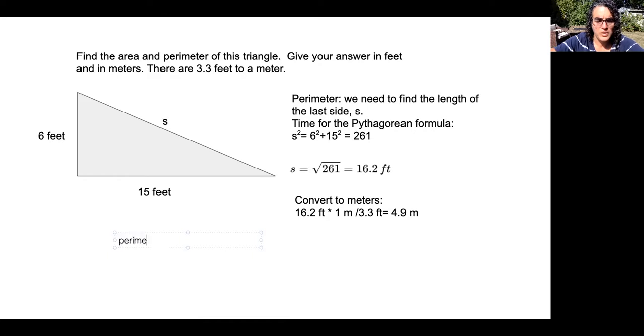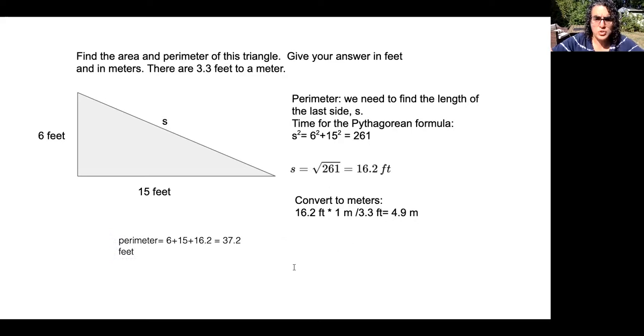The perimeter would be equal to 6 plus 15 plus 16.2, which is 21 plus 16.2, or 37.2 feet.